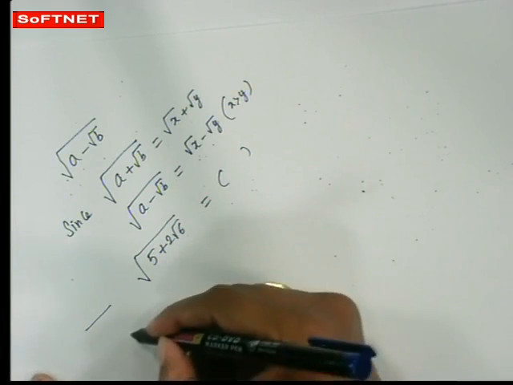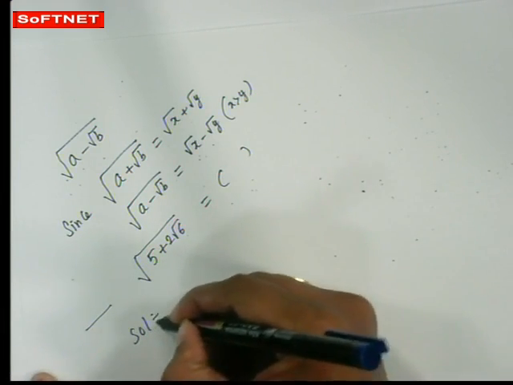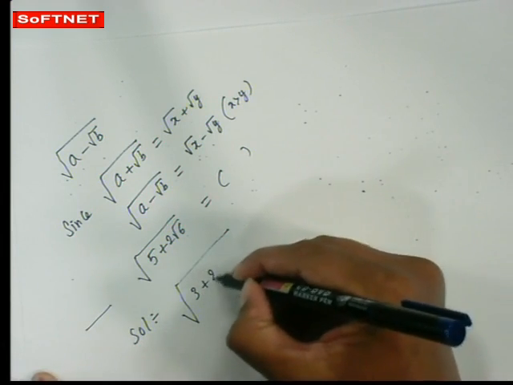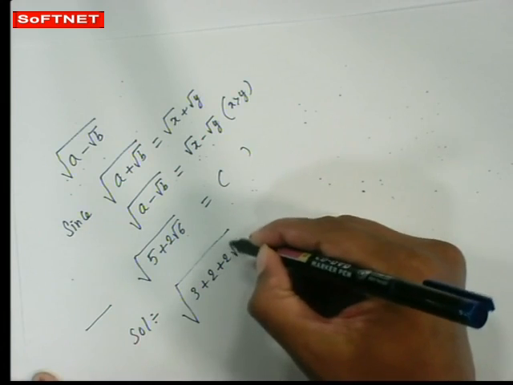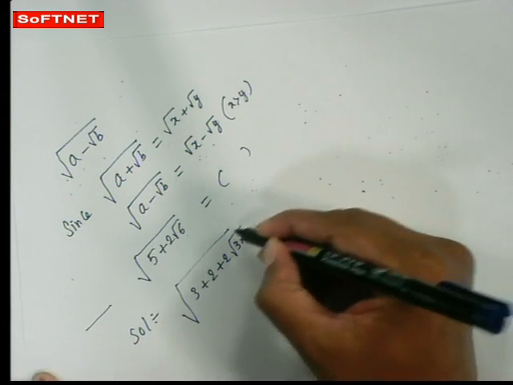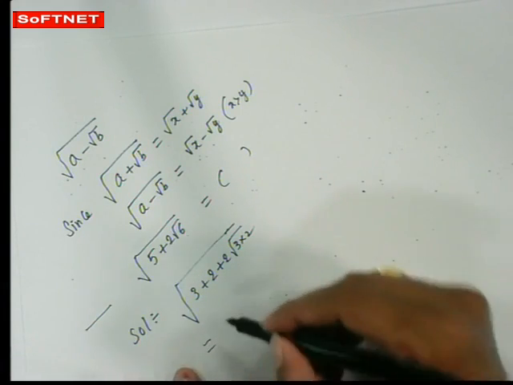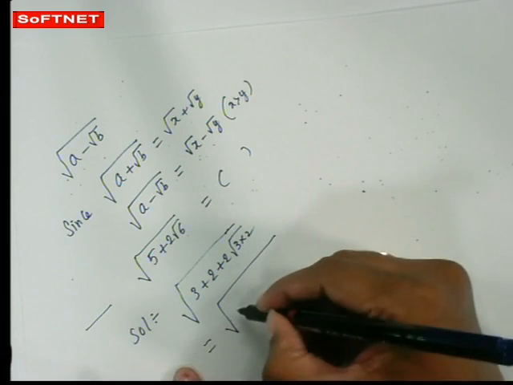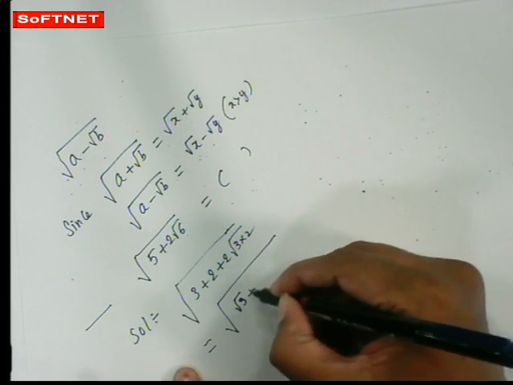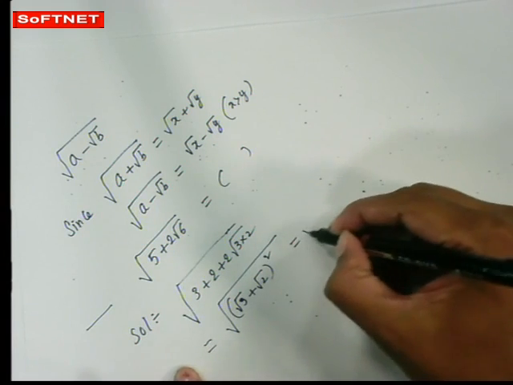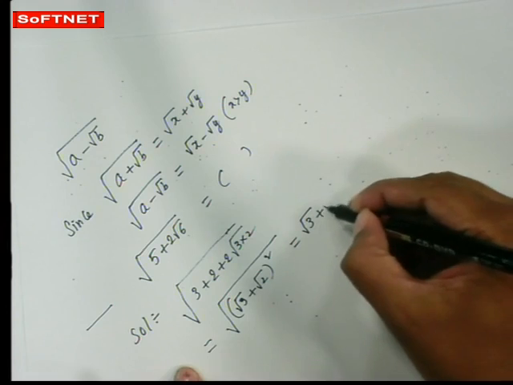So, now here the solution, this 5 can be written as 3 plus 2 plus 2 root of 3 into 2. Okay. This equals, we can write, root 3 plus root 2 whole square. So, this equals root 3 plus root 2.